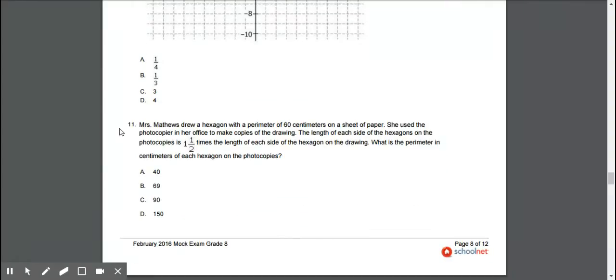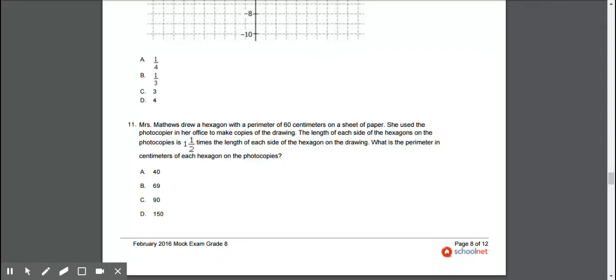Question 11. Mrs. Matthews drew a hexagon with a perimeter of 60 centimeters on a sheet of paper. She used the photocopier in her office to make copies of the drawing. The length of each side of the hexagons on the photocopies is 1 1/2 times the length of each side of the hexagon of the drawing.